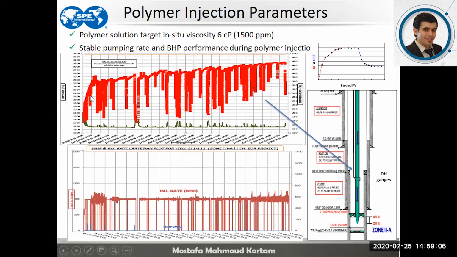We obtained a similar and conceptual configuration where that was the baseline of the water injection, and with the start of the polymer injection, we obtained that performance. This oscillation is related to some stopping and small troubles that are not important in the injection profile.